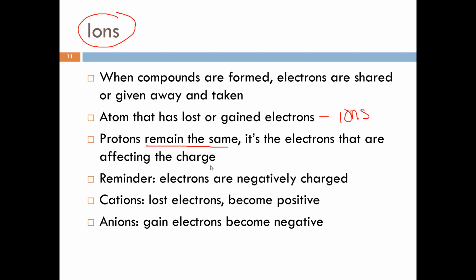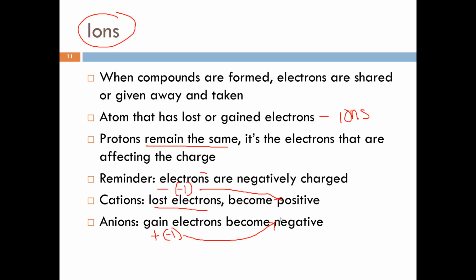Electrons are negatively charged, so therefore if you lose electrons, you're losing a negative, which then becomes positive. Same with anions. We're gaining electrons, so we're gaining a -1, and they're becoming negative in that process. So lose electrons becomes positive, gain electrons, it becomes negative.